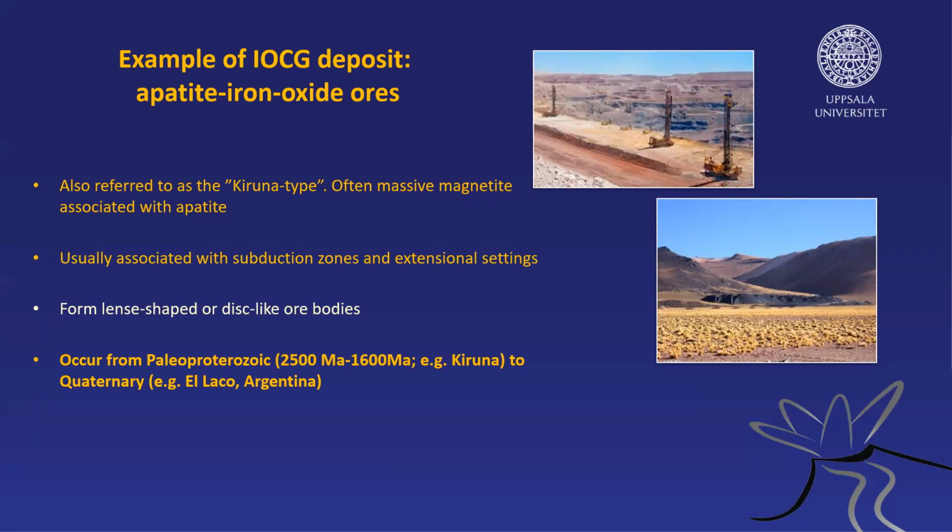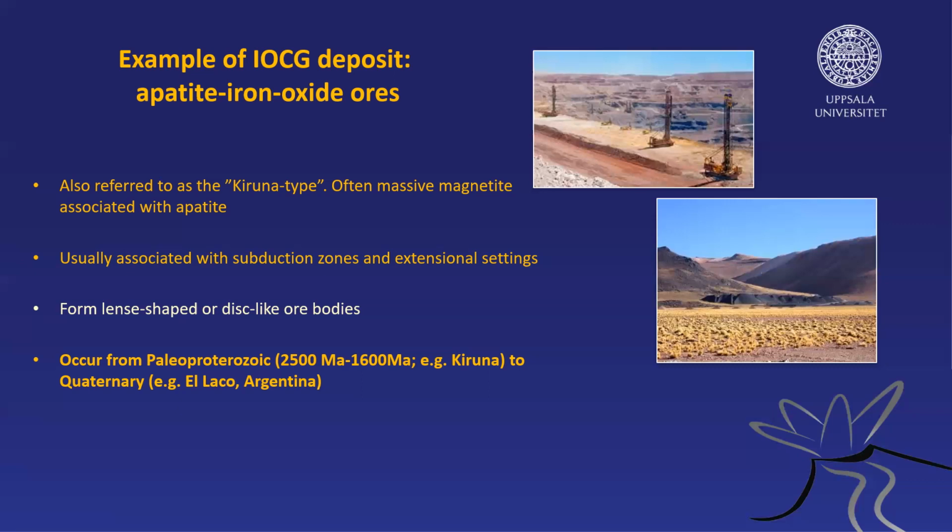These apatite iron oxide deposits are usually associated with subduction zones. So a lot of magmatism, a lot of fluids coming from the plate that is going into the mantle.